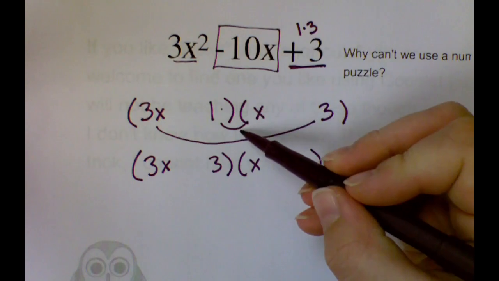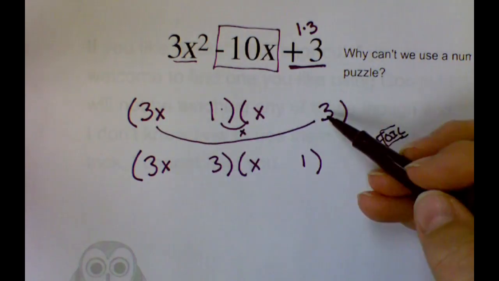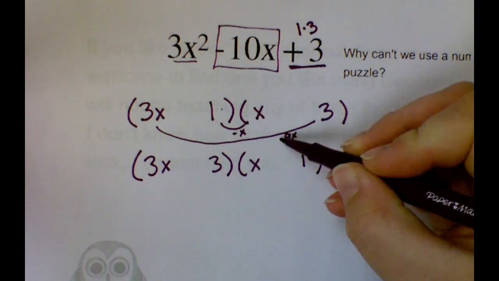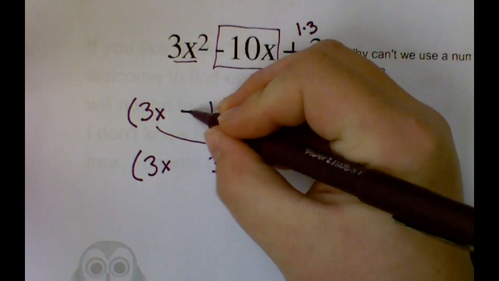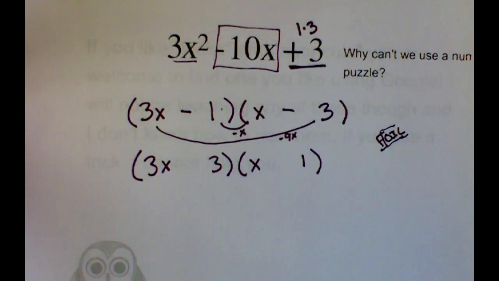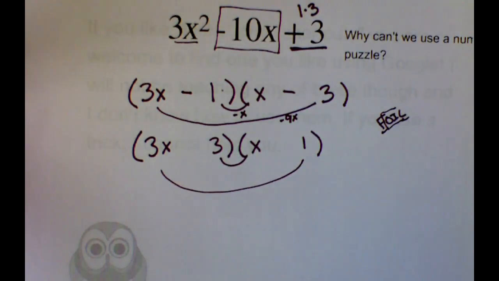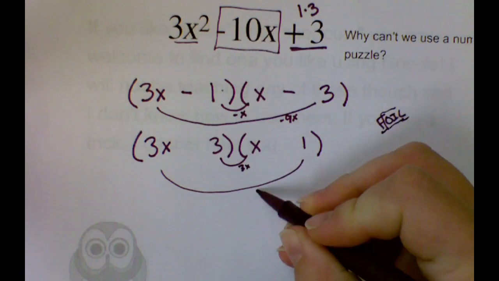Well, 1 times x makes 1x. 3x times 3 makes 9x. Is it possible for me to make a negative 10x with those? Well, yeah, if they're both minuses, so I can put both minuses. Notice that if I check the other one, because I just happen to get lucky and choose my placement right first, I'd have 3x and 3x.